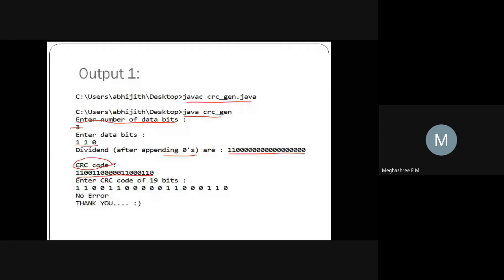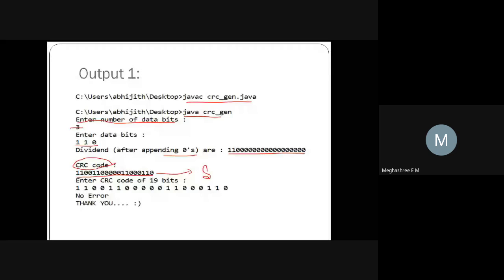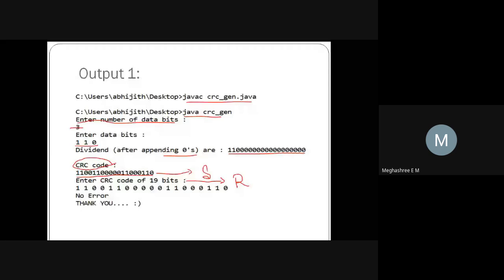Now you have to look at the receiver end. From here the receiver begins. Whatever the sender sent, the CRC code, re-enter these bits at your terminal.